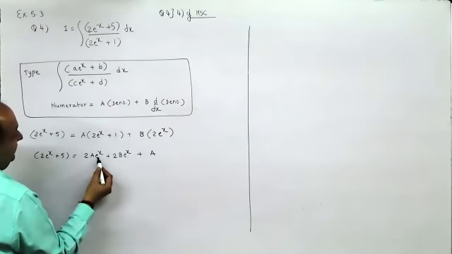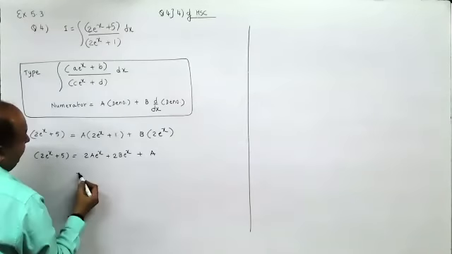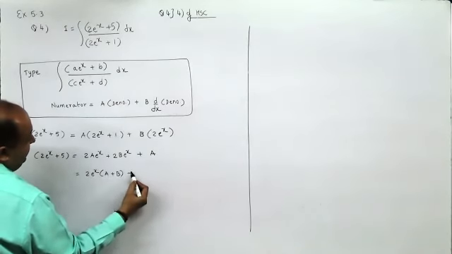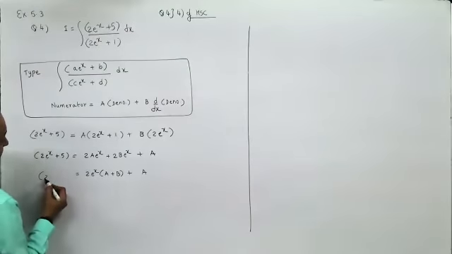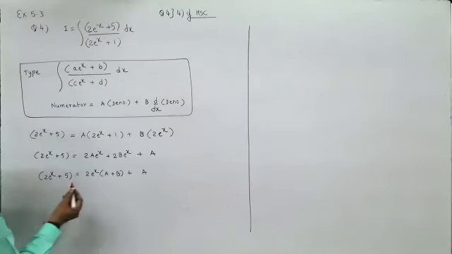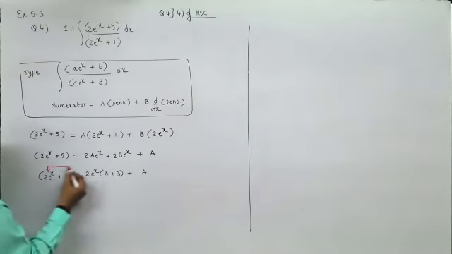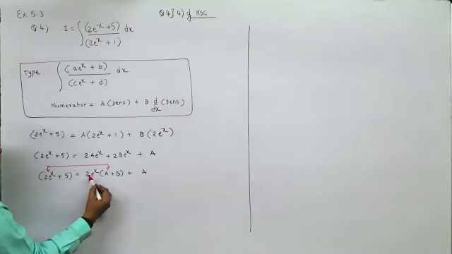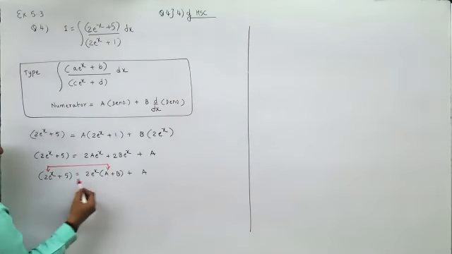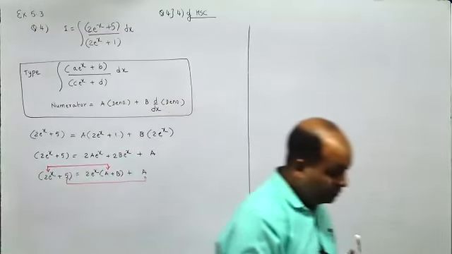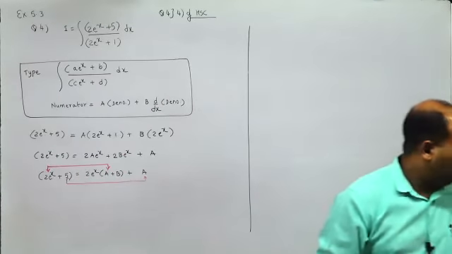Now, if you observe here, the coefficient 2e raised to x is common here, and this is a plus b, this is plus a. Now, this is 2e raised to x plus 5. Next to 2e raised to x, you have a plus b, so that means a plus b is 1, and a is 5.